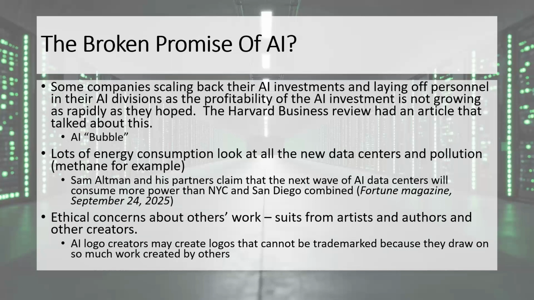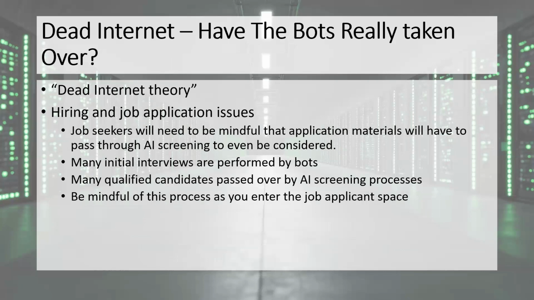And AI generated logos may pose a problem because you cannot trademark any material that uses stock media. Well, the AI actually has to be generated after being trained on stock media. So that's something where probably the legal profession's going to have to catch up on that and weigh in.